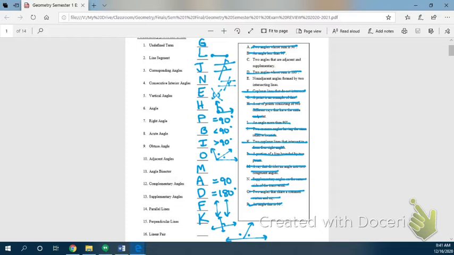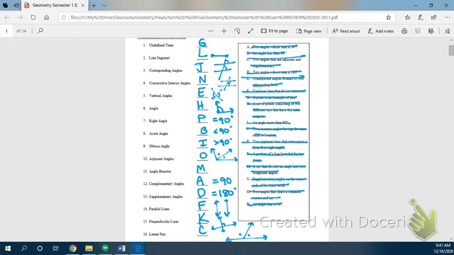So they're supplementary and adjacent. So that would be C. And it looks like I never marked off E from vertical angles. So that's everything. Very good. I recommend that you guys make flashcards or whatever it takes for this. The vocabulary will be very, very similar on your assessment. So you want to make sure that you're studying these words.